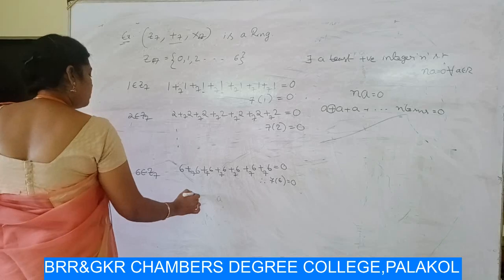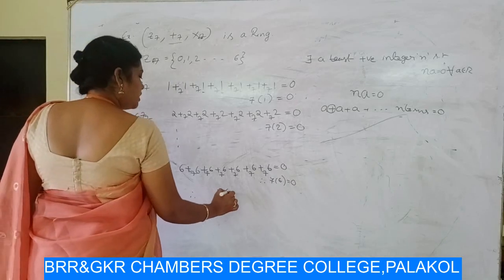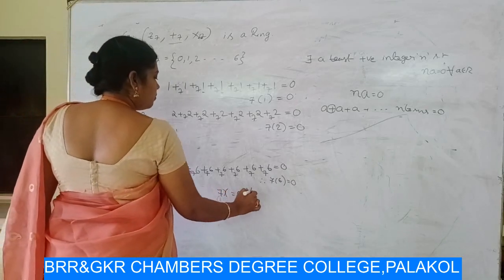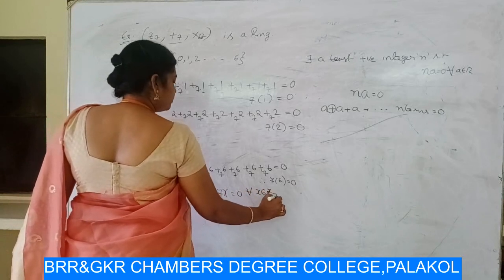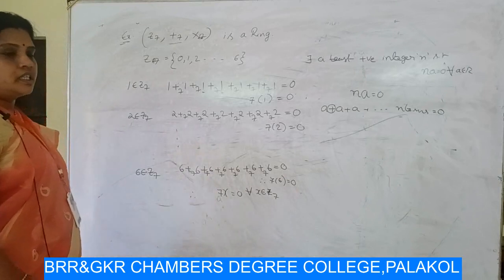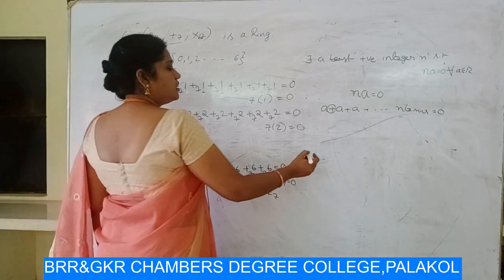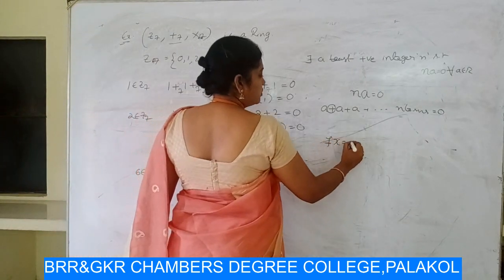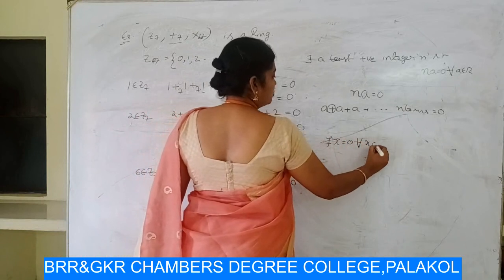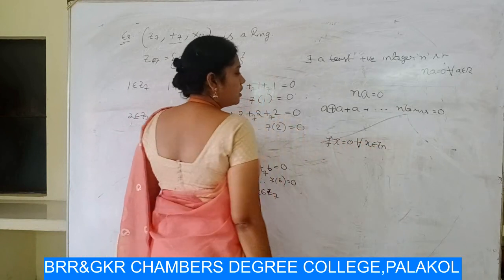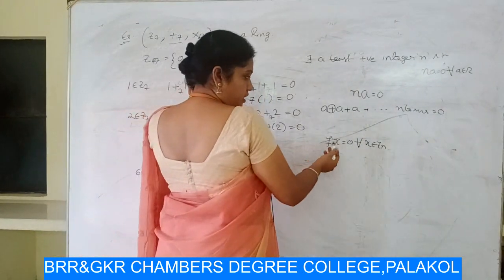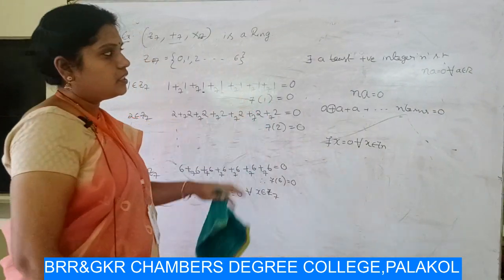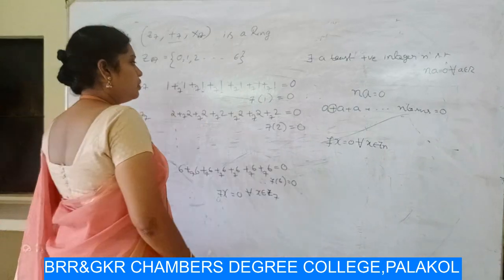Therefore all the elements satisfy 7x equal to 0 for all x belonging to Z7. There is no number less than 7 satisfying that condition for all nonzero elements.